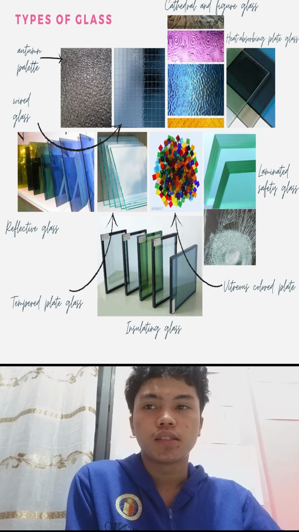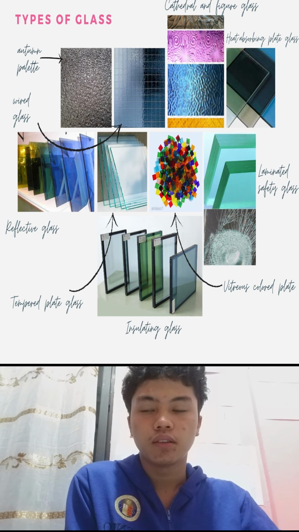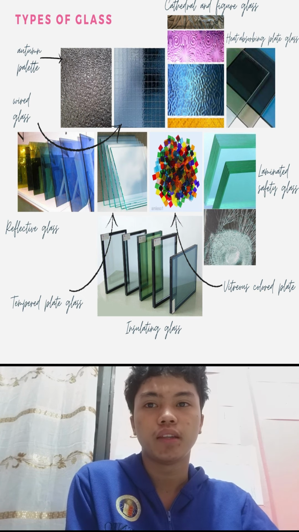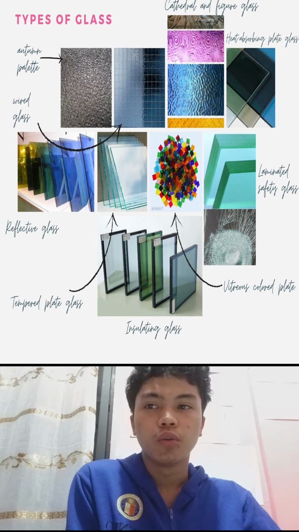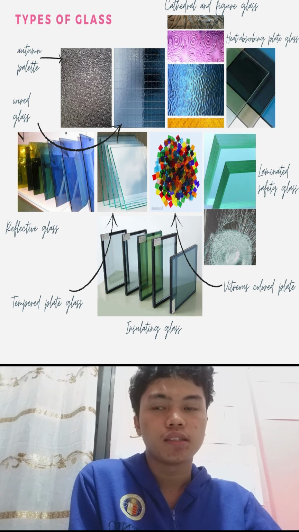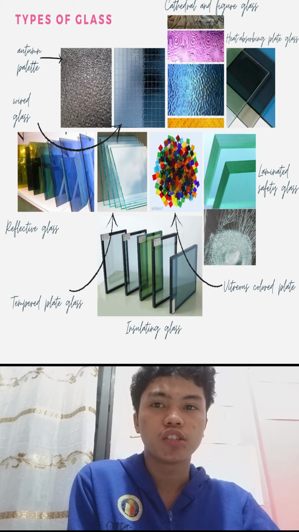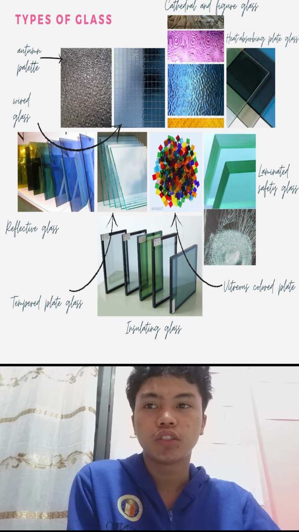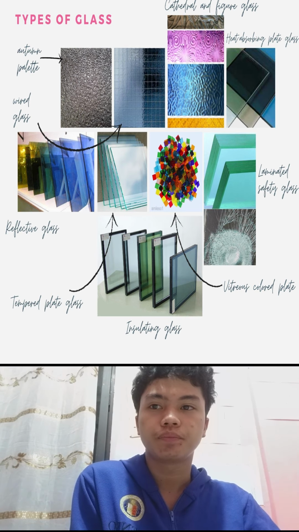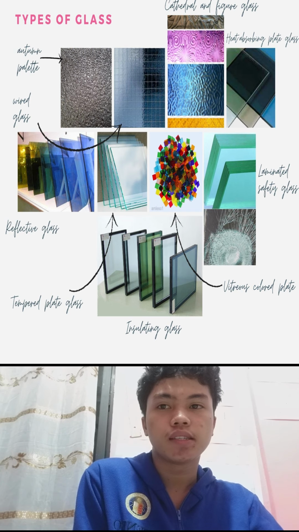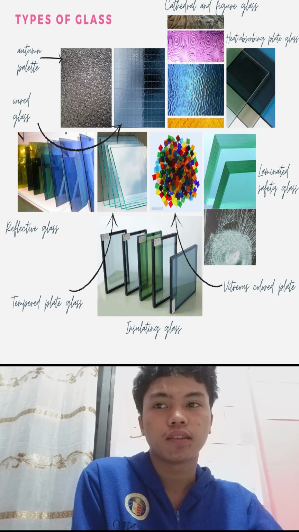Next is wired glass. Simply a rolled glass in which a wire mesh is embedded during manufacturing. Wired glass has an impact resistance similar to that of normal glass, but in case of breakage, the mesh retains the pieces of glass. This product is traditionally accepted as a low-cost fire-resistant glass.